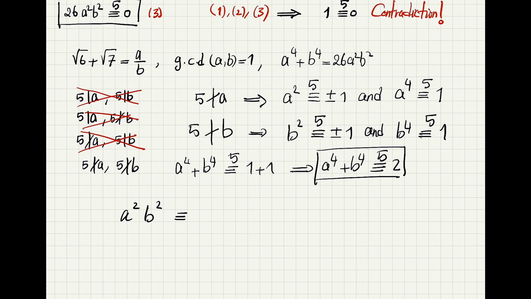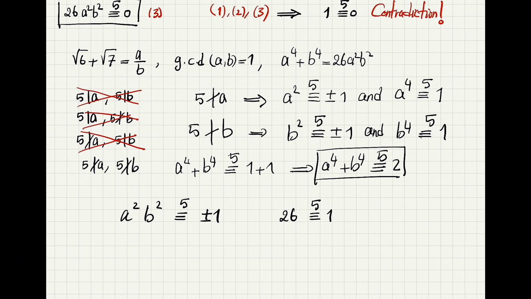So it means that at the end, again, I will have plus or minus 1 modulo 5. Yes? But on the other hand, I know that 26 is also congruent to 1 modulo 5. Why is that? Because 26 minus 1 is 25, and 25 is divisible by 5. So that's also a correct statement.